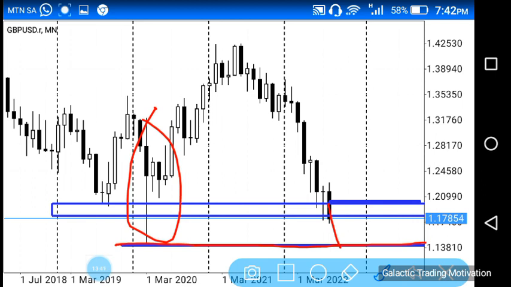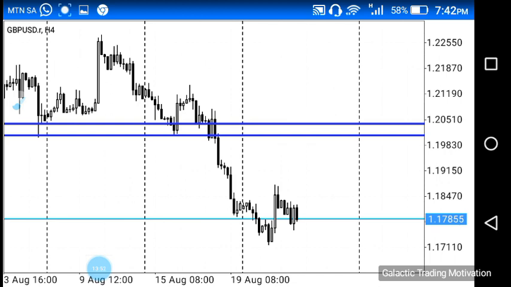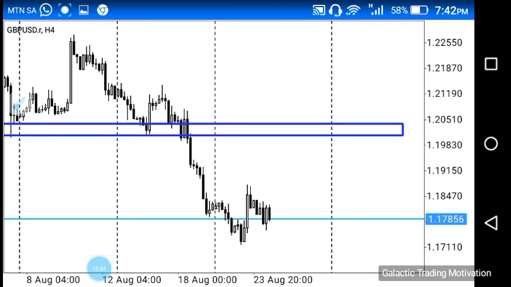So yeah, that's it as far as my analysis goes for GBP USD. As I said, at this point in time I would not be looking for any buying or selling decisions, because things are a bit risky at this point in time, right?